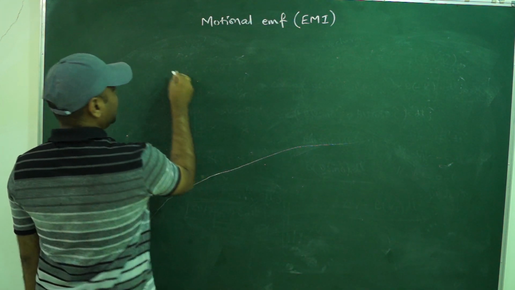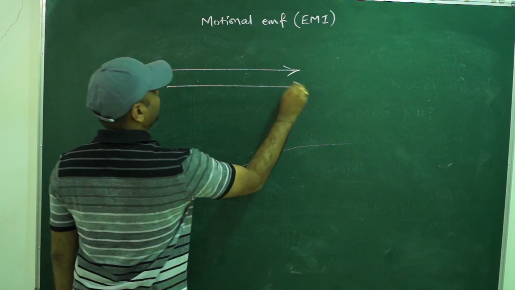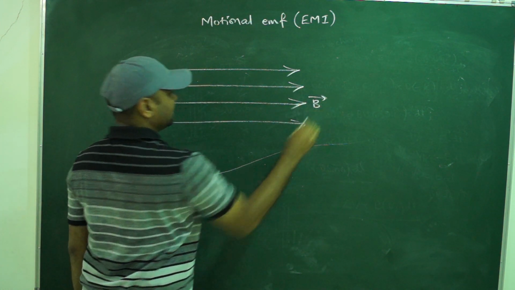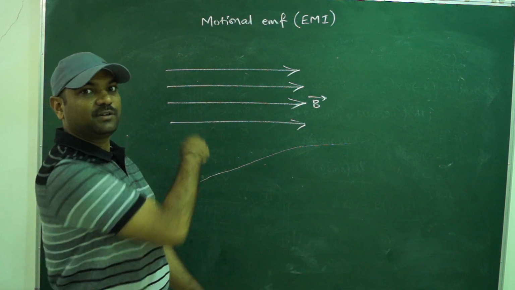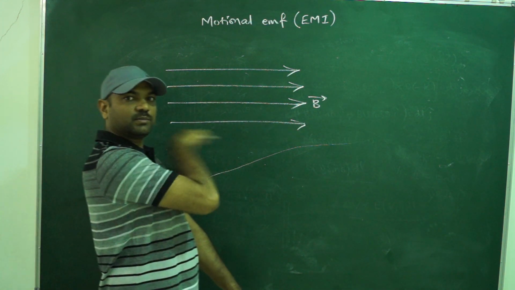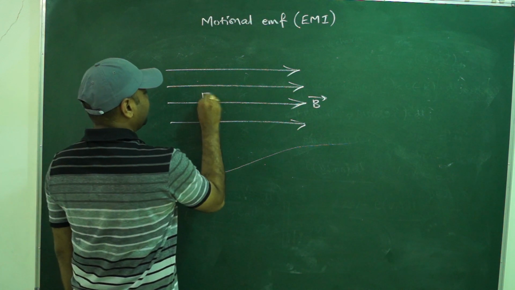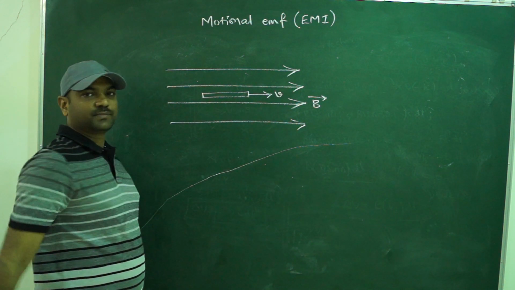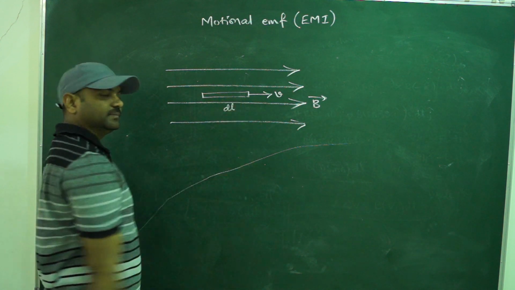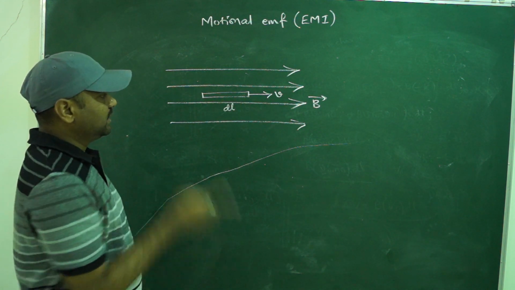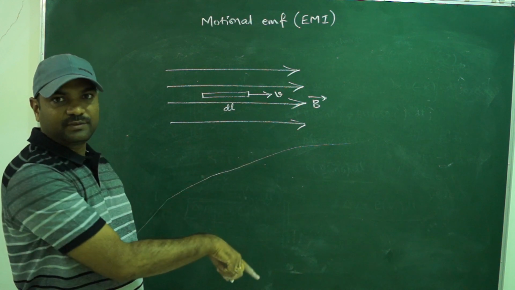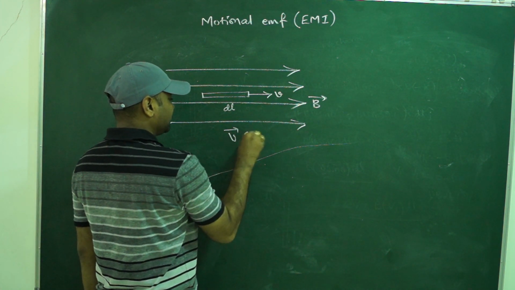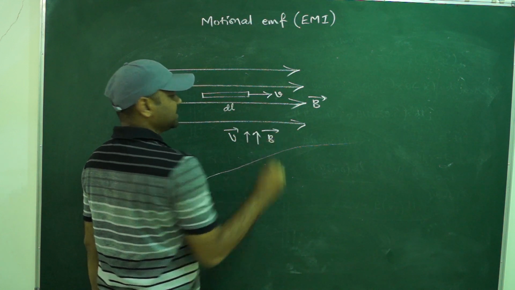Now we see one more case, if the magnetic field is like this. Now the magnetic field is not into the board, it is on the board towards the right. Now I am taking one rod which is moving with velocity v on the board. Again the length of the rod is dl, and it is moving in the direction of the magnetic field. So V bar and B bar both are parallel to each other.